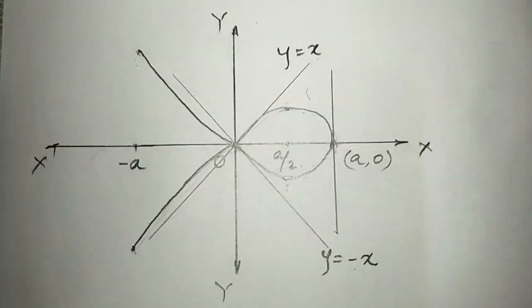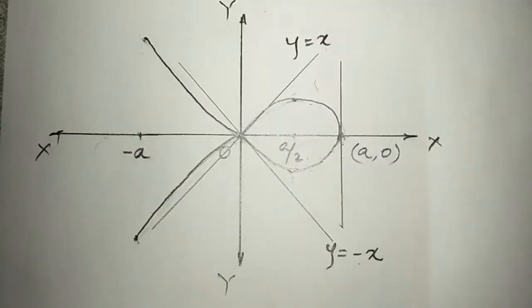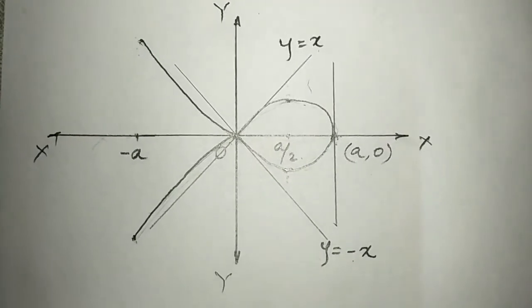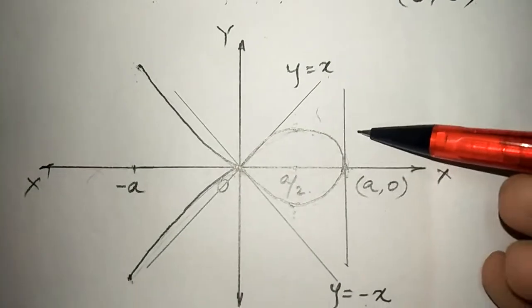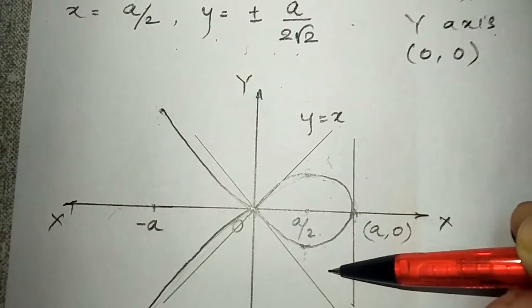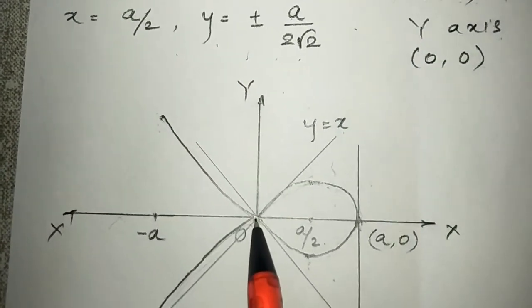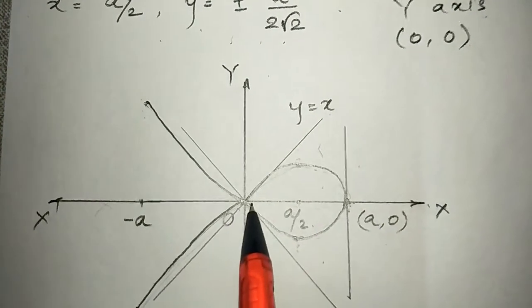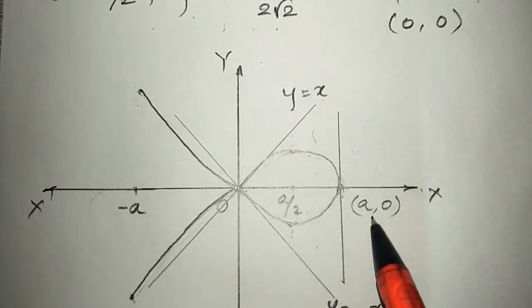So this is the rough sketch of the curve whose equation is given to us. The curve is symmetric about the x-axis. It intersects the y-axis at the origin. It intersects the x-axis at the origin and the point (a, 0).